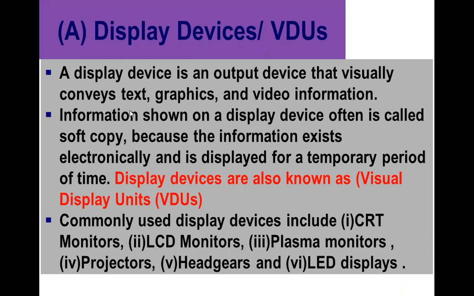We have printers, we have projectors, we have the head mounted gears, and very many others. Here, when we talk about a display device or the videos, a display device is an output device that visually conveys texts, graphics, and video information.